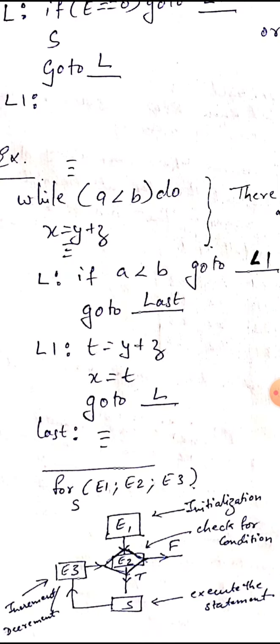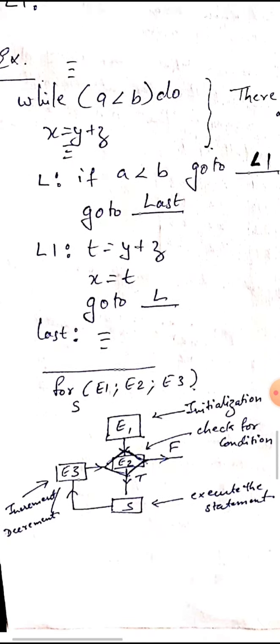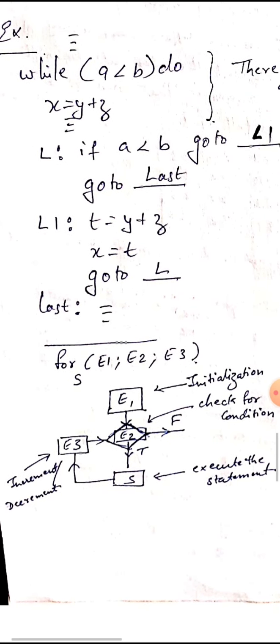Okay, now this is the simple representation for the while loop that we have seen. Next, what we will see is the for statement. In the for statement, normally it is broken up into three parts: your initialization, your condition, and then the increment statements and so on, right? So E1, E2 and E3 are the three sections, let's say.